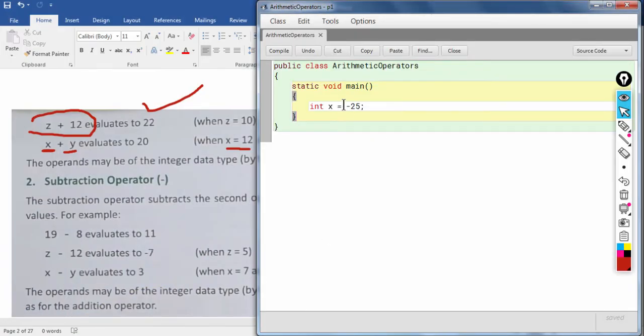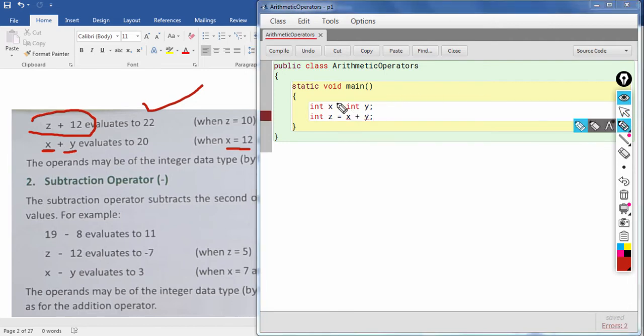If I make here two variables, int x and int y, and if I write here int z is equal to x plus y, this will not work. Why will it not work?